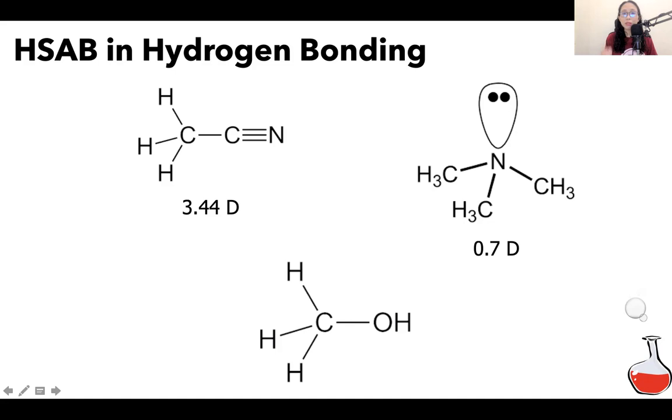And in fact, if we look at the values, the energy of the hydrogen bond between methanol and acetonitrile is only 6.3 kilojoules per mole, while the energy of the hydrogen bond between methanol and trimethylamine is 30.5 kilojoules per mole.